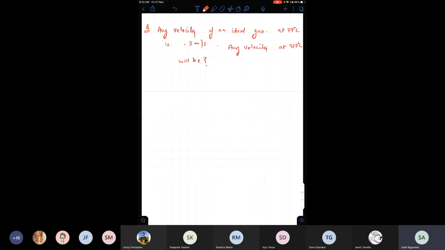What will be the average velocity at 927 degrees centigrade? Solve this also fast. Suhas, that was 0.3. You directly multiplied by 4.